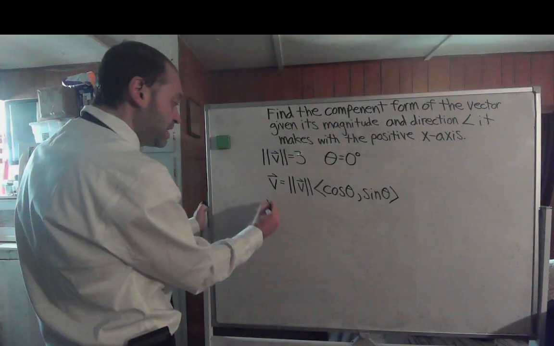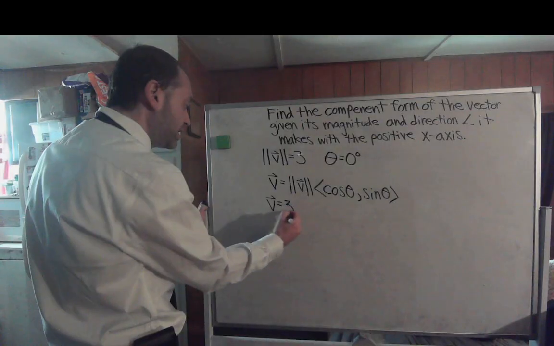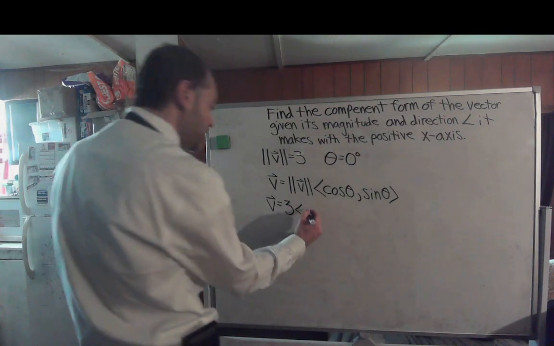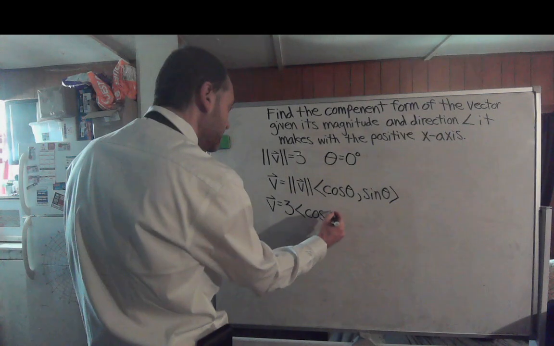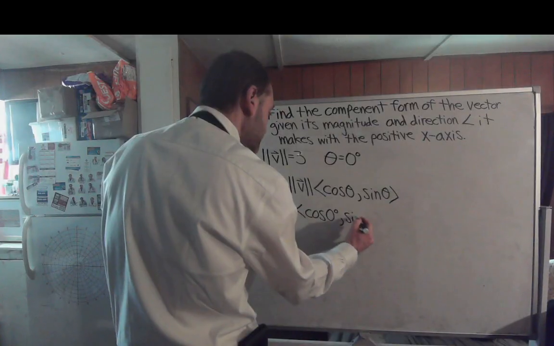Okay, so if we apply that in this case, vector v would be the magnitude of 3 times the cosine of 0 degrees, the sine of 0 degrees.